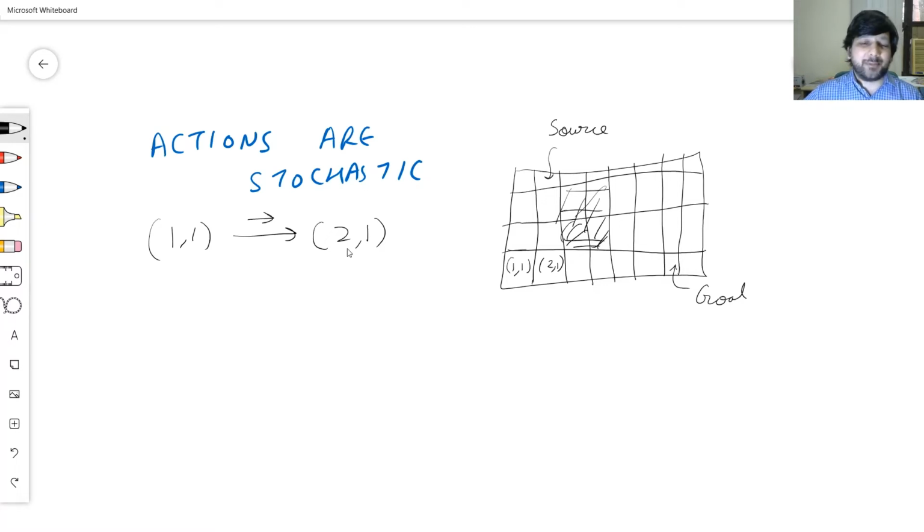But sometimes what happens is that if I apply it a number of times, sometimes instead of 2, 1, I reach 1, 2, or the robot by chance slips. It could happen in any state space. And we'll see what we do about such a problem.